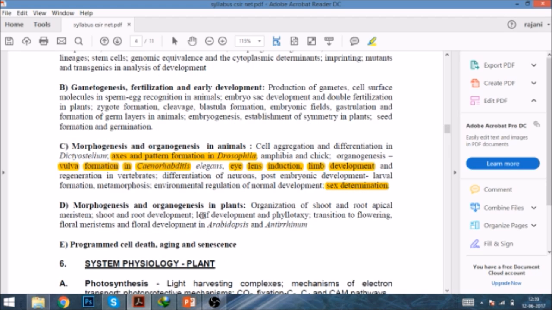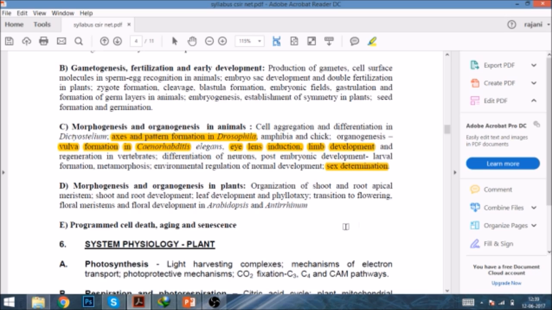And the morphogenesis and organogenesis in plants; basically the ABC model of flowering is very important in developmental biology. It is also included in the physiology of plants. But the ABC model, which determines flowering, how flowers are formed. Actually, there are three genes A, B, and C, which regulate the flowering process in plants.